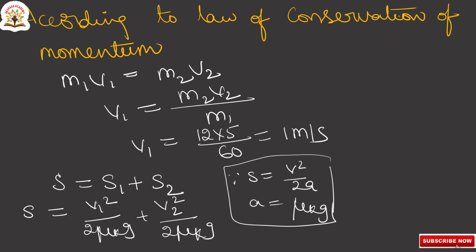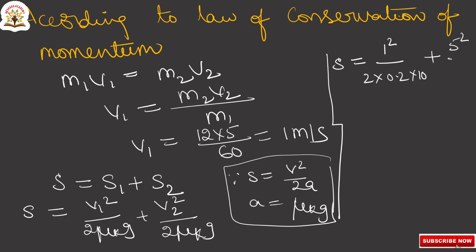Now substituting values, S is equal to V1 which is 1 square by 2 into mu K which is 0.2 into 10, plus V2 which is 5 square by 2 into 0.2 into 10.